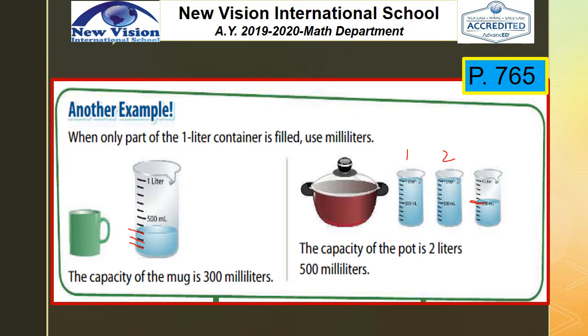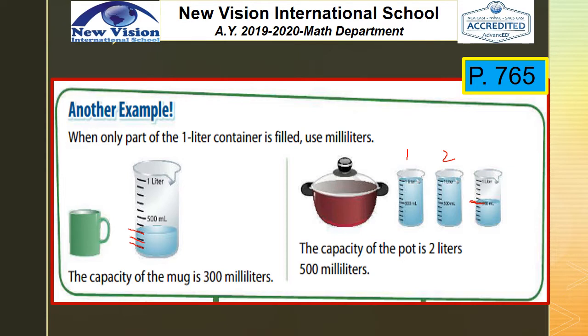How did you know that it's 300? Because you can see the tick marks here: 100, 200, 300. So the liquid is just until the third mark of the beaker, so it's 300 milliliters.